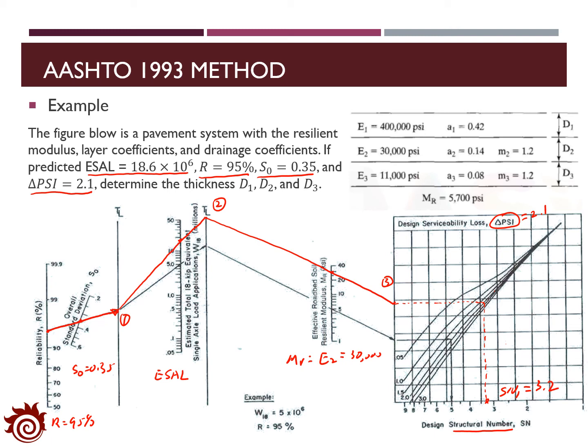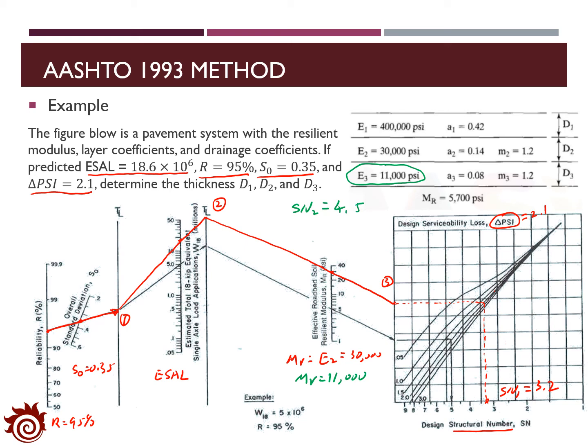So for SN2, you have to use the resilient modulus equal to the modulus of elasticity at the subbase layer, that is 11,000. So MR equal to 11,000. With that, you can find out the structural number as 4.5.